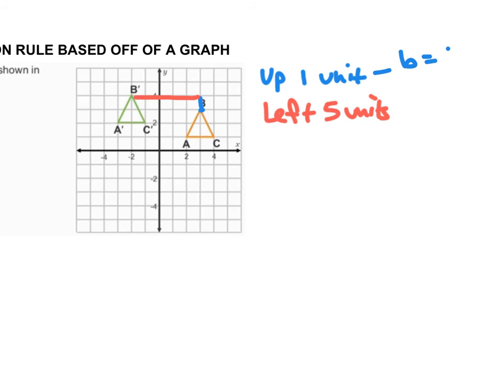Looking at that, up 1 unit, moving that vertical, b would be equal to 1, so we're going to add 1 to y. Now the a value that we talked about, left 5 units, means we're going to subtract, so my a value would be equal to -5, which means we're just going to subtract 5.